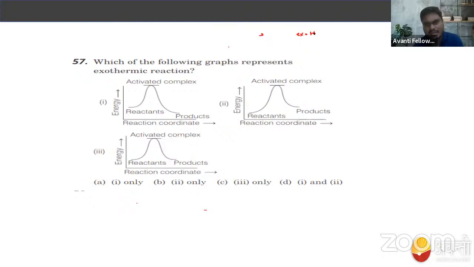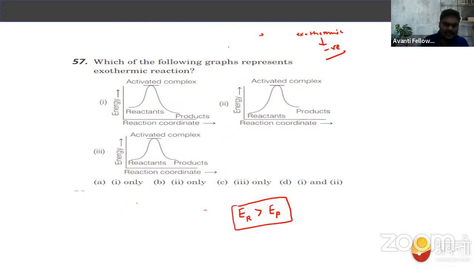Exothermic means when the energy is released, that is negative energy. ठीक है, तो नेगेटिव एनर्जी को बोलते हैं एक्सोथर्मिक। So for the exothermic, the energy of the reactant must be greater than the energy of the product, right? तभी तो होगी negative energy. This is the case for the exothermic reaction, because in an exothermic reaction, basically energy is released, that is a negative energy we have.